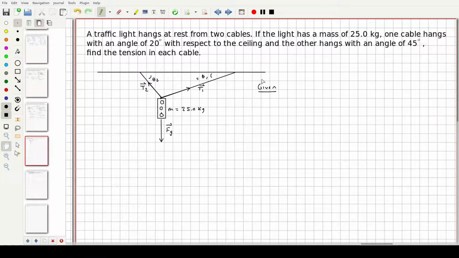Let me just go ahead and explicitly put in the angles here. Theta 1 is 20 degrees. Theta 2 is 45 degrees. The mass of our object here is 25.0 kilograms. Okay. Now, what are we trying to find?